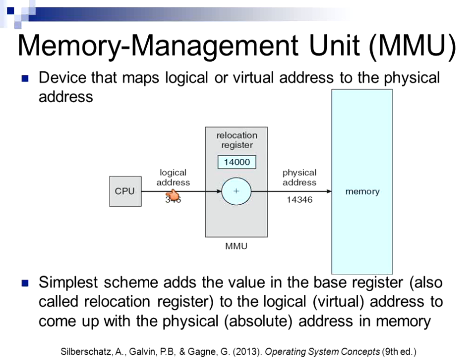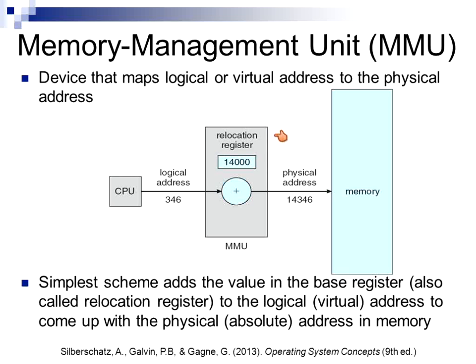And think a few slides back where I showed you where the processes were loaded, and we had that base register and the limit and so forth. What we want to do is take that base register, which is also called a relocation register, add the piece of the logical address, which is the displacement, and come up with the physical address in memory.